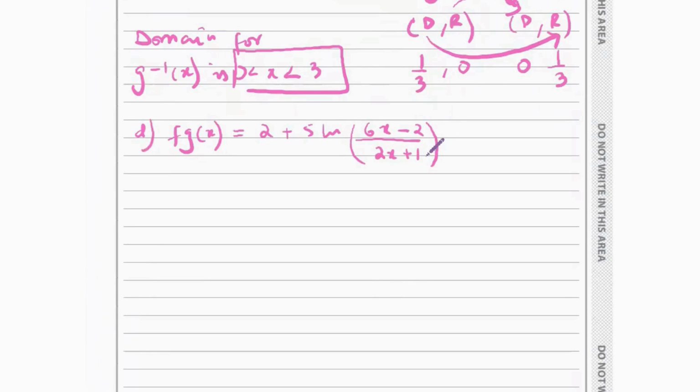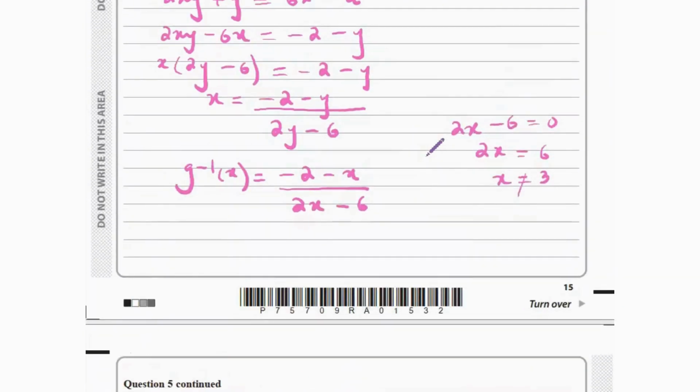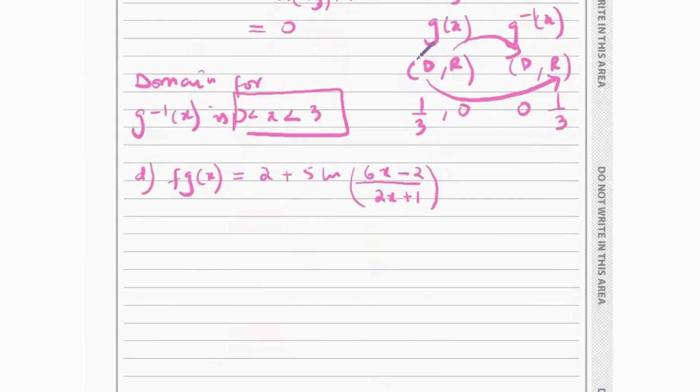Now we know, based on our working, that the inverse has a domain restriction at x equals 3, which means if it's a domain restriction over here, it's going to be the range over here.